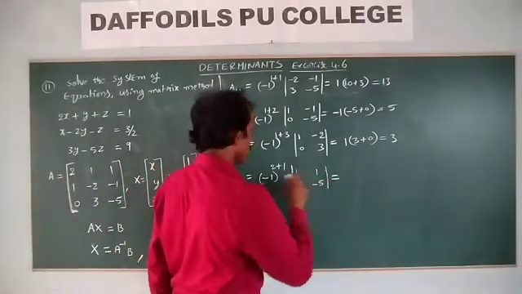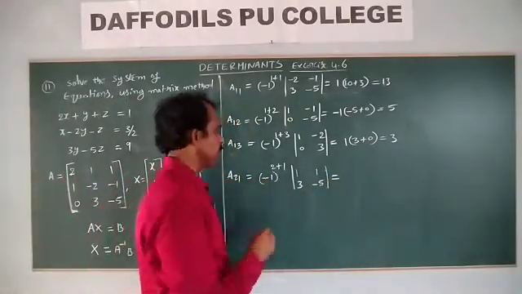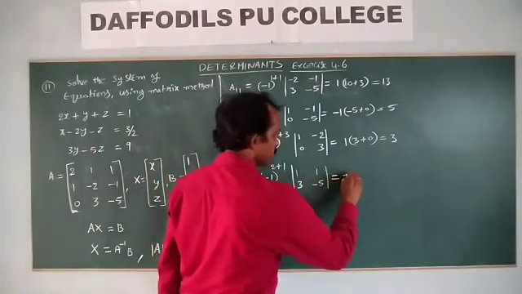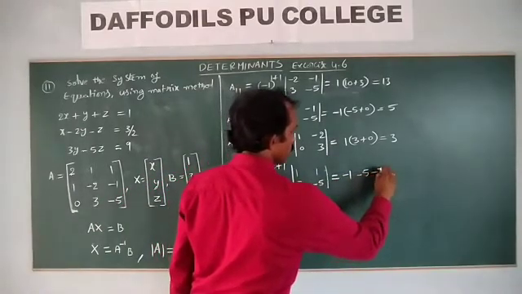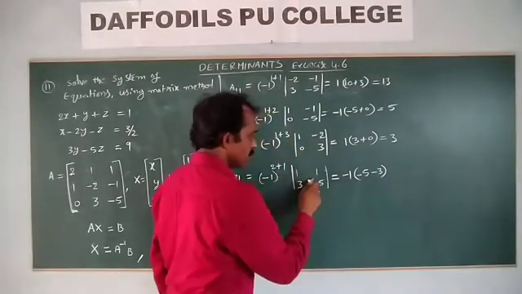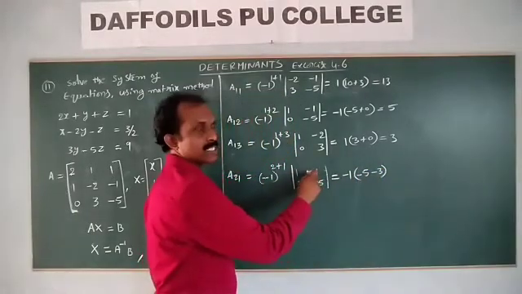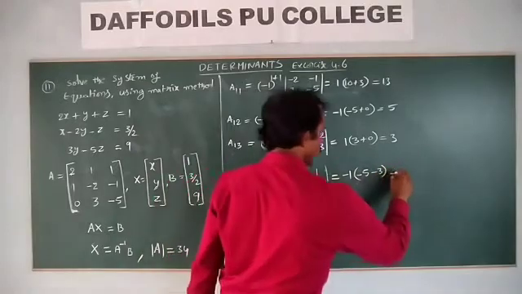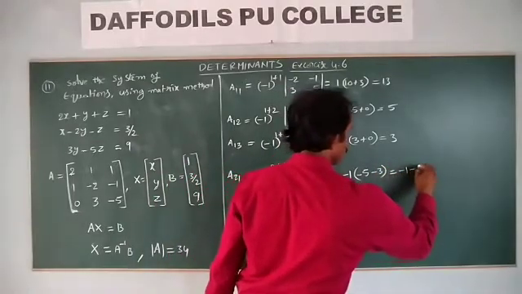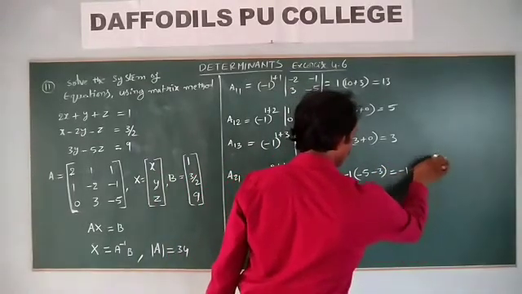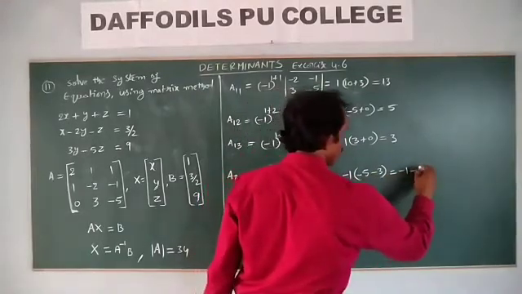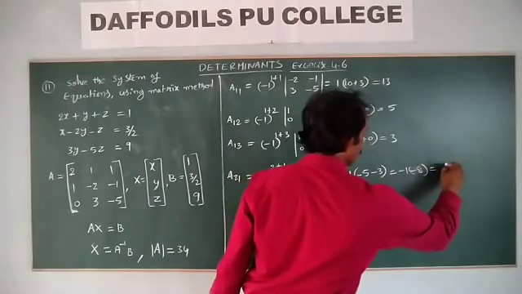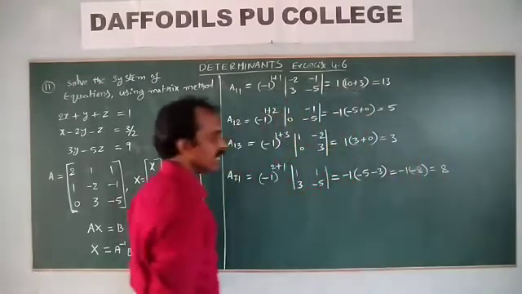This is equal to minus 1 to the power of 2 plus 1, an odd number, minus 1 into minus 5 minus 3. This minus this is equal to minus 1 into minus 8, which is plus 8.